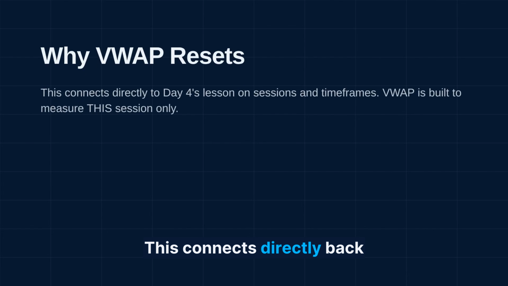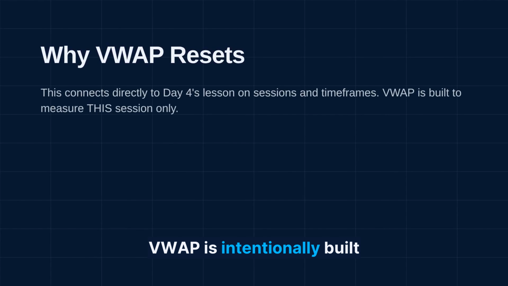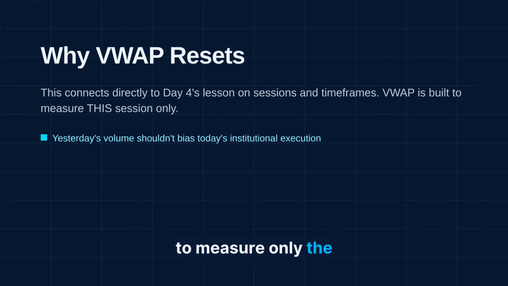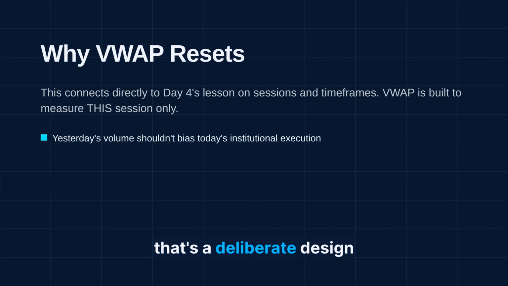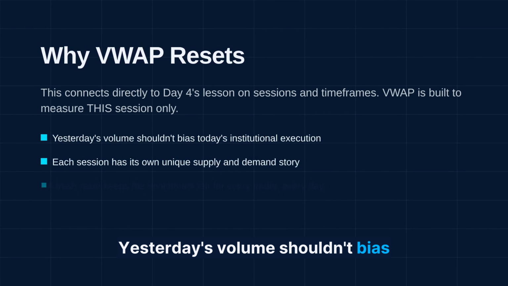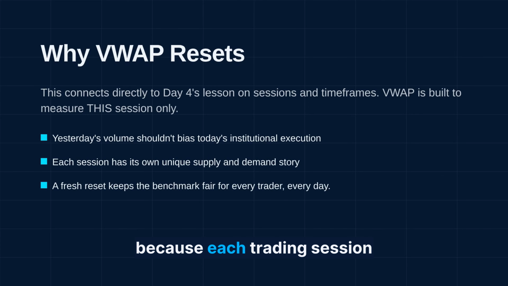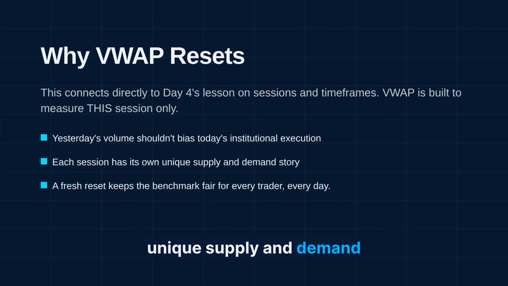This connects directly back to day 4's lesson on sessions and timeframes. VWAP is intentionally built to measure only the current session, and that's a deliberate design choice, not a limitation. Yesterday's volume shouldn't bias today's institutional execution decisions because each trading session genuinely has its own unique supply and demand story.